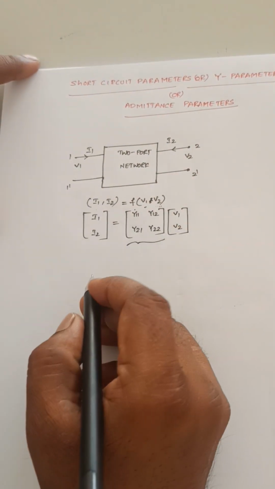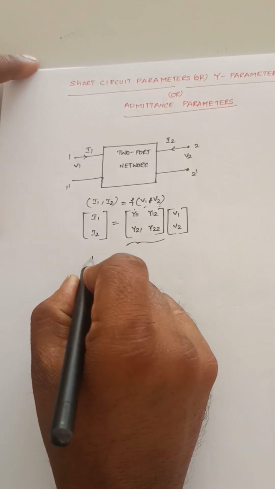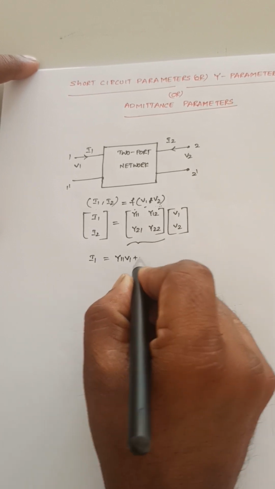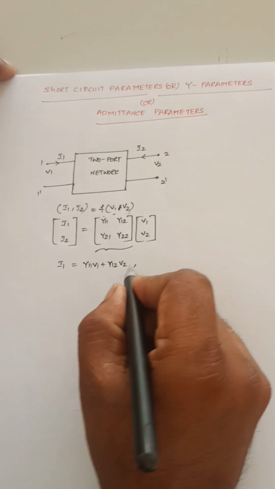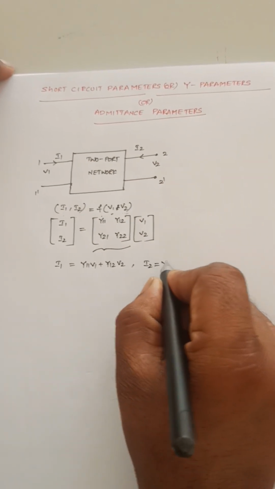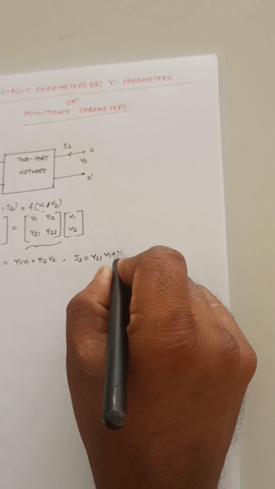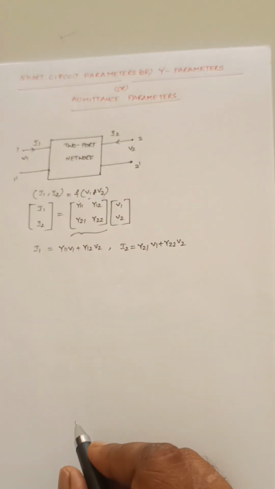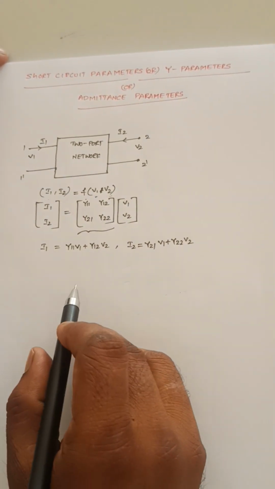Now, let me represent this vector matrix form as equations. I1 is equal to Y11 V1 plus Y12 V2, and I2 is equal to Y21 V1 plus Y22 V2. So, this is how we can represent it in equation form.